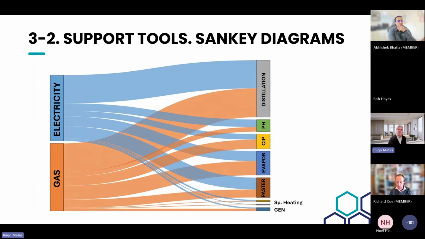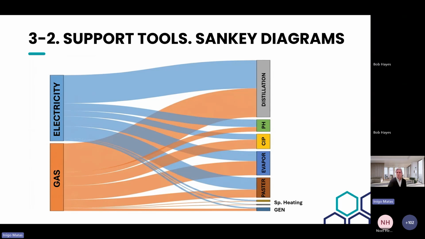I think making people aware of how a site is running is very helpful, because sometimes we just miss it, and when we look at the Sankey, sometimes we say, wow, I didn't know that was so much energy. So I think it's good for everyone to understand how energy is used, which is a very important thing. Always, but especially nowadays.